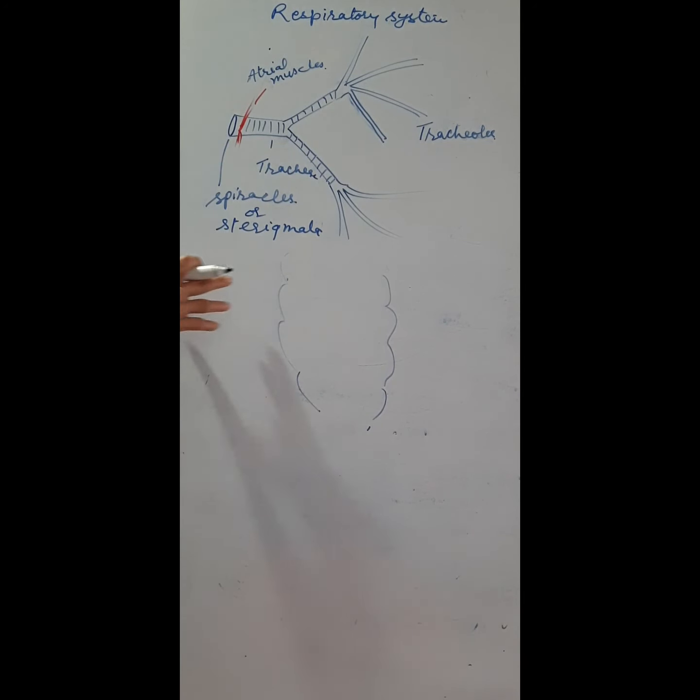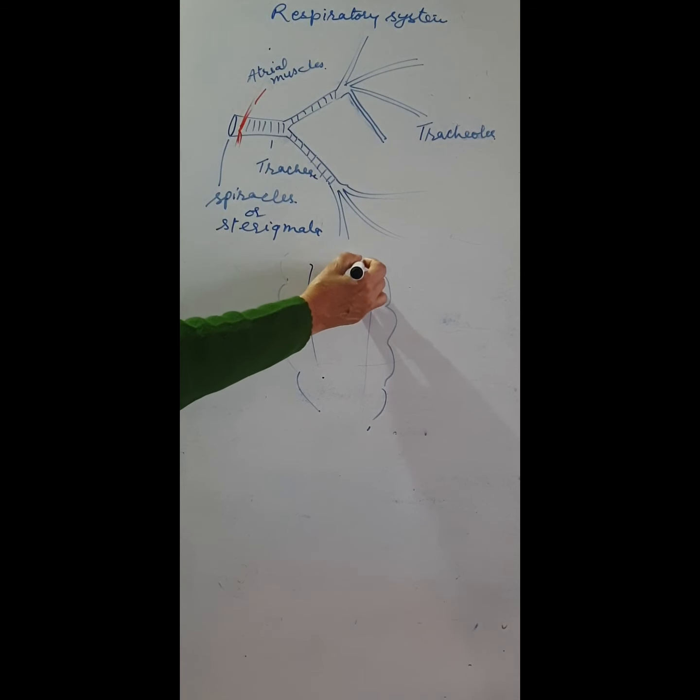There are three pairs of large parallel longitudinal tracheal trunks. In the diagram in the book, the three pairs of parallel longitudinal tracheal trunks are given.